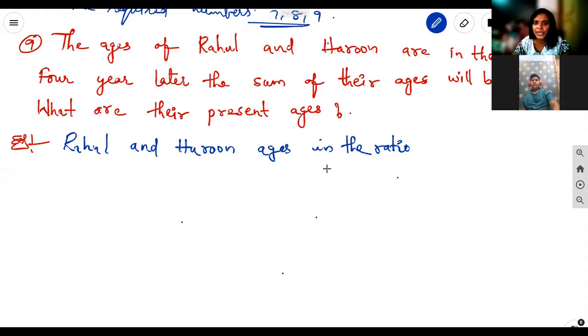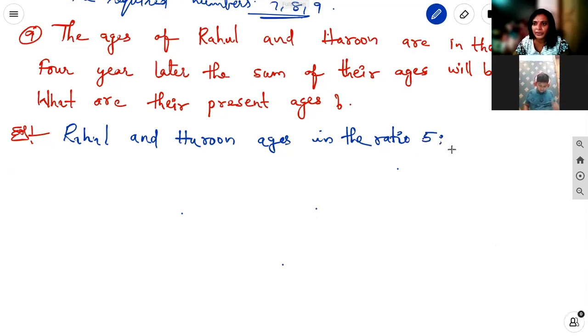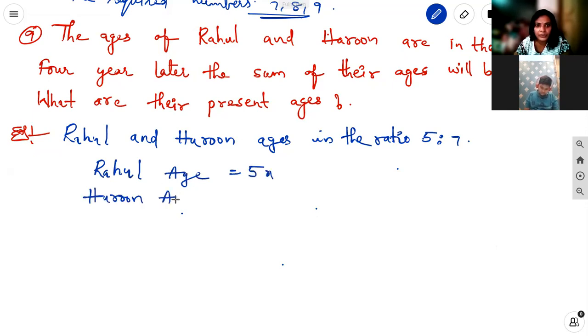Rahul and Harun ages in the ratio 5:7. That is nothing but Rahul's age equal to 5x, Harun's age equal to 7x.